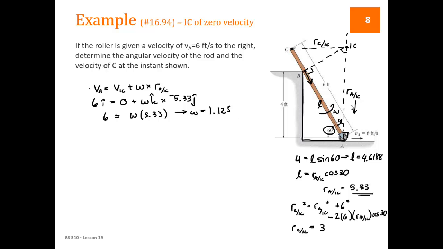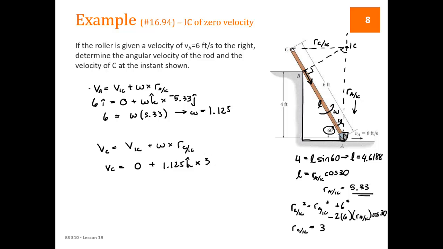Now that we know omega, we can use it and the known position, R of C relative to IC, to find the velocity at C. So VC is equal to VIC plus omega crossed with R of C relative to IC. VC is what we're trying to find, is equal to 0 plus omega, which is 1.125 k hat, crossed with R of C relative to IC. The magnitude of that is 3.